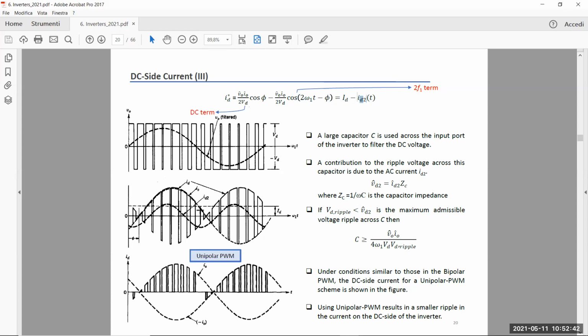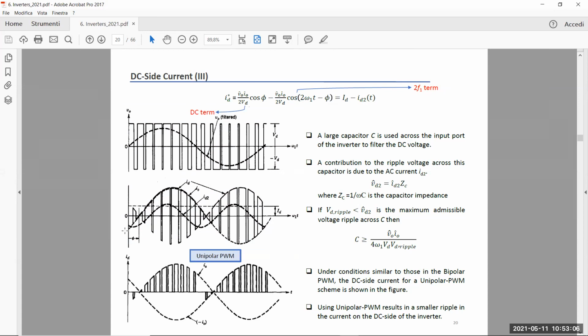So in terms of low frequency component of this current ID, you can have the summation of a DC quantity plus a sine wave at 2 times f1. The only useful contribution to the real power provided by the source is given by the DC current ID.